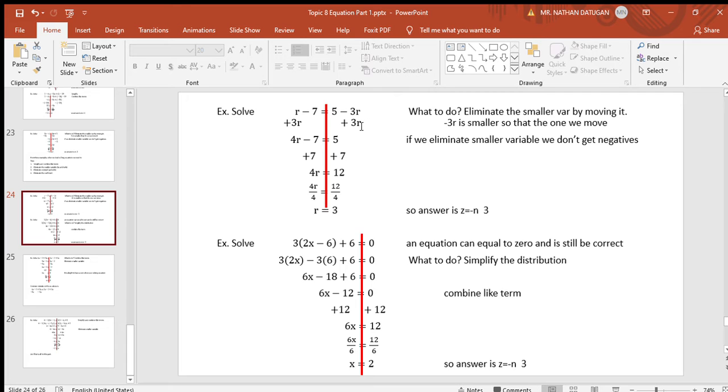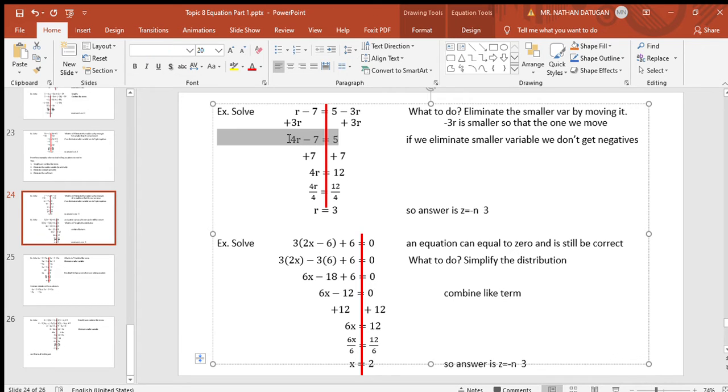So how do we get rid of minus 3r then? We add 3r, and you're going to get 4r minus 7 is equal to 5. Now, can we combine any like terms? No, we can't. So what do we do? Well, we simply eliminate the constant. What's the constant in this part of the equation?